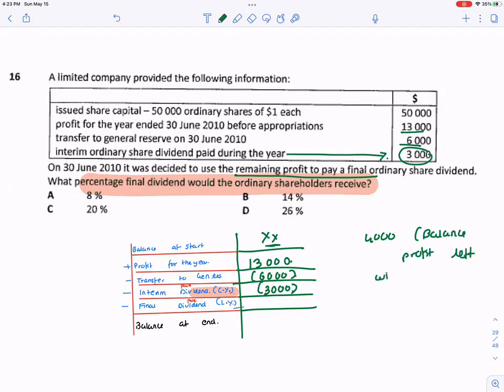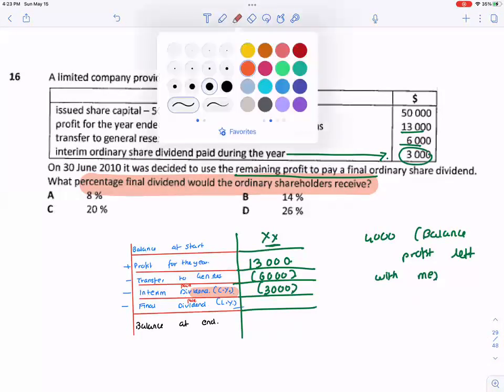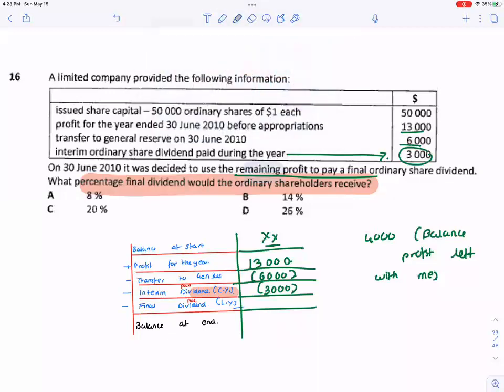Are you all with me? It was decided to use the remaining profit to pay ordinary share dividend. So from the remaining profit, I'm going to pay ordinary share dividend.